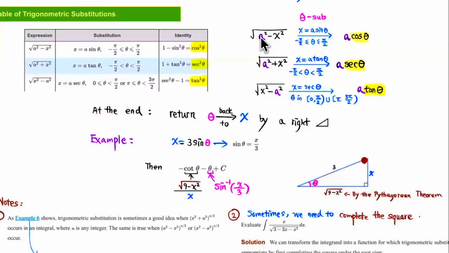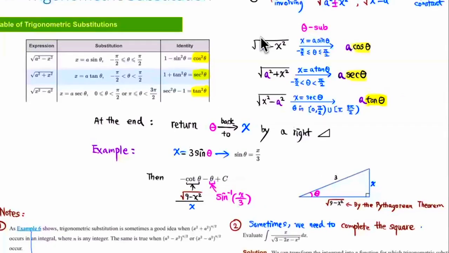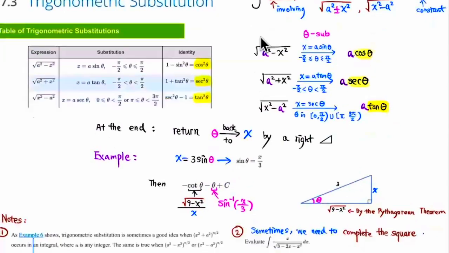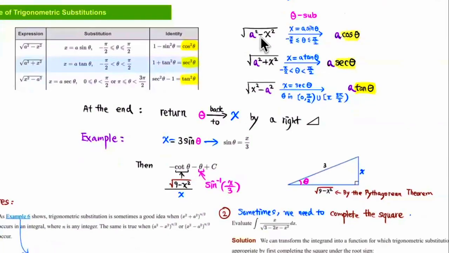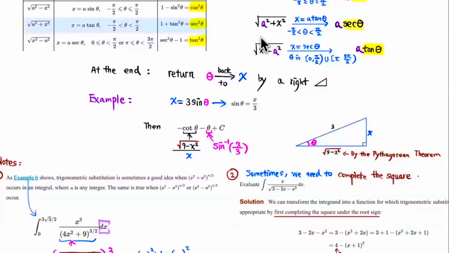And from this right triangle, you can figure out cosine, secant, tangent, whatever you got when you do the trig sub. You can use this right triangle to return from theta back to x. So here theta will be inverse sine of x over 3 also.